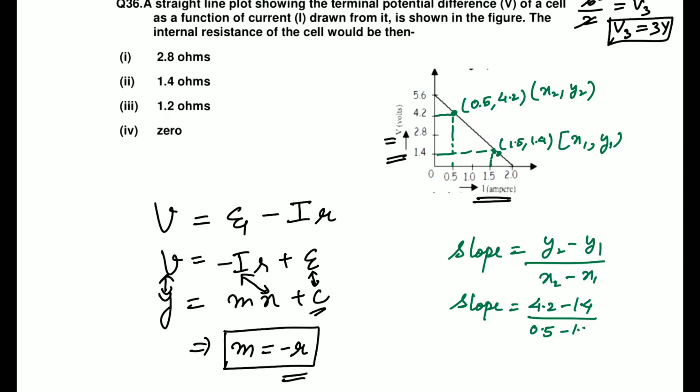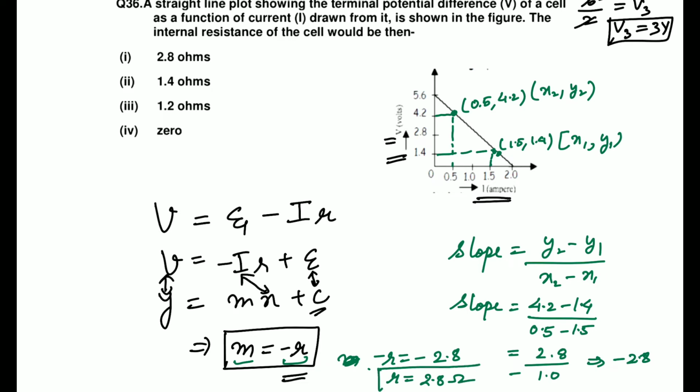It's actually 1.5, right? Okay, so this will be 2.8 divided by, you have a negative sign, and this is actually 1.0. So the slope is coming out to minus 2.8, right? And we know the slope is actually negative of your resistance, so I can write minus r will be equal to minus of 2.8, or your internal resistance is actually equal to 2.8 ohms.